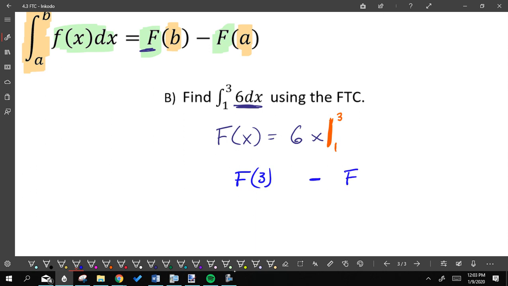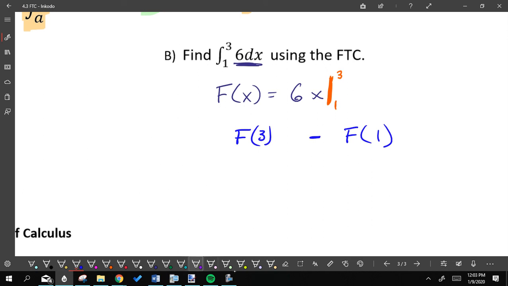Lower bound is 1. 6 times 3 is 18, minus 6 times 1 is 6. What's 18 minus 6? 12. That is the fundamental theorem of calculus. Again, on this problem in particular, it makes sense to draw a graph. But we're going to get more complicated graphs, and that's why we're going to use FTC to solve these definite integrals. Questions to this point?